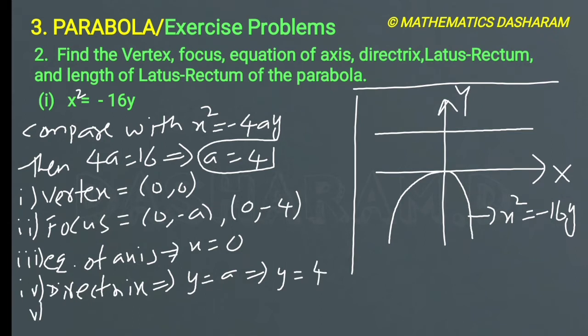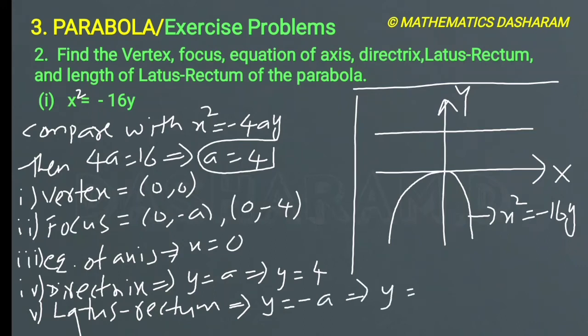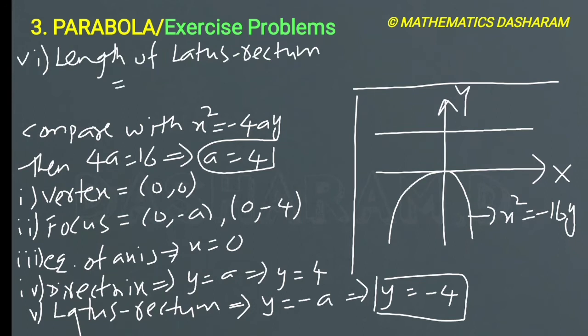Next, the fifth one is equation of latus rectum, that is y equals to minus a, so y equals to minus 4. Next, the sixth one, length of latus rectum 4a, so 4 into a value 4, so 4 4s are 16.